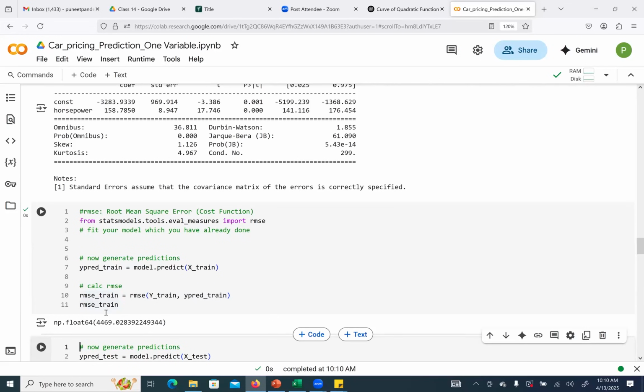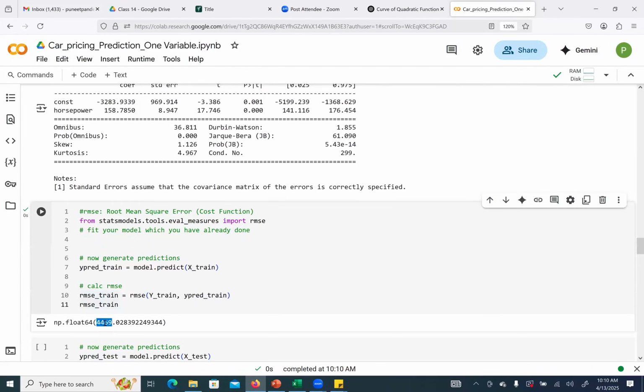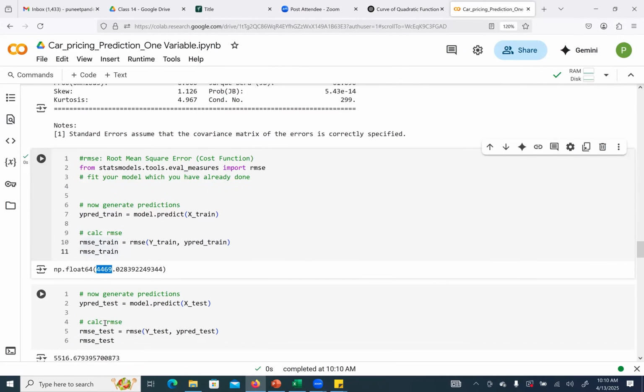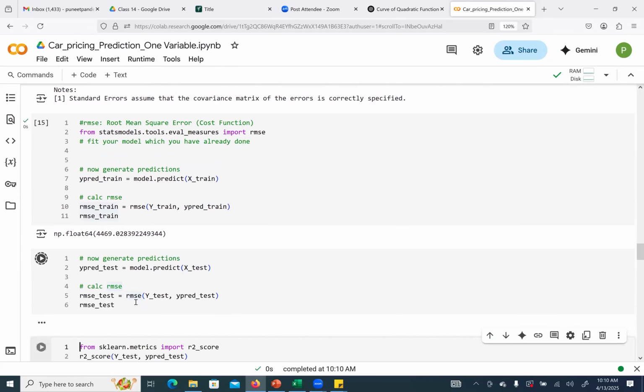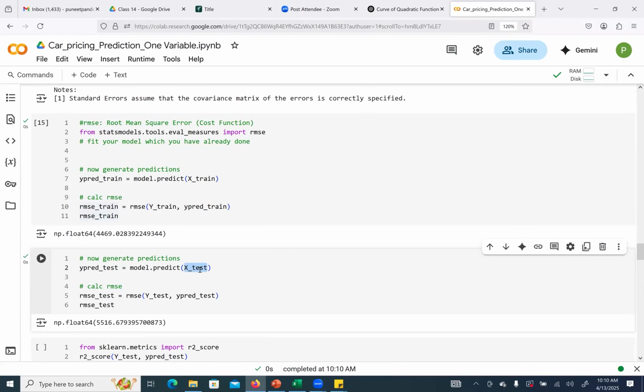It tells me that you are getting an average error of 4400. Then in the next part, I'm checking the accuracy of my model on the test data set, the questions that my model has not seen before. In this part, I give an input of two things: y test and y predicted test. What was y test?